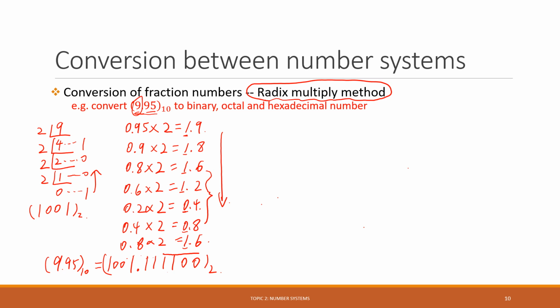Now to the octal, we can also use the radix multiply method. Since we already got the binary representation here, we can directly convert it to the octal and hexadecimal number from what we learned before, right? So to octal, let's first write this binary representation here.